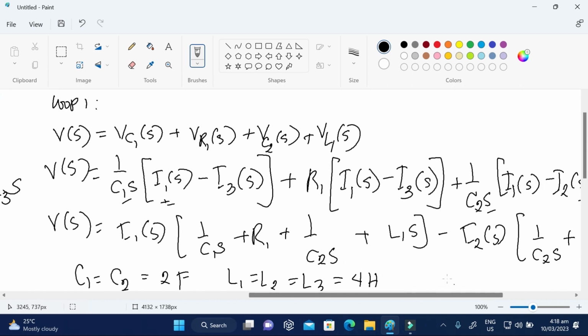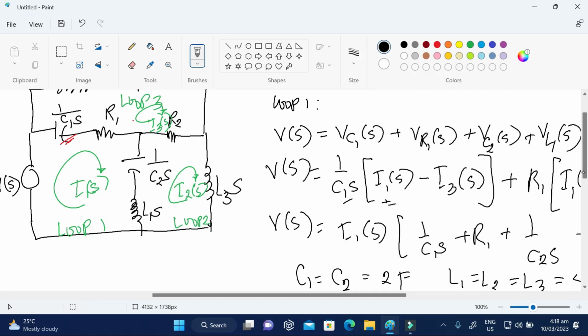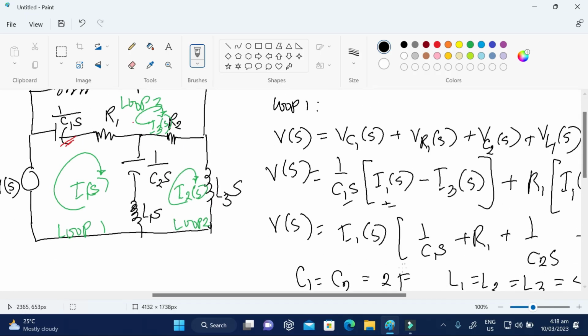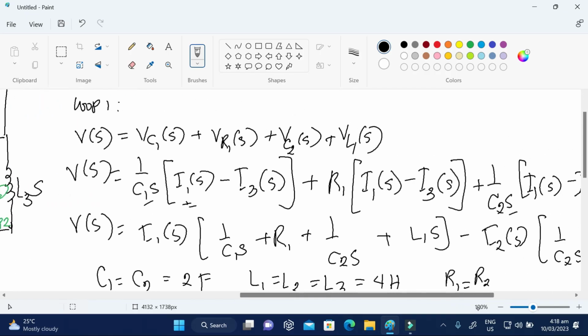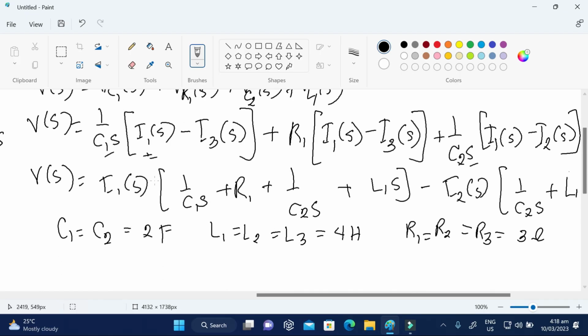R1 equals R2 equals R3, let us have this as 3 ohms. The circuit equation will vary with the values of the components.